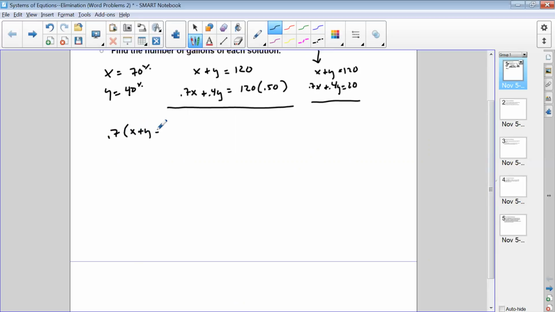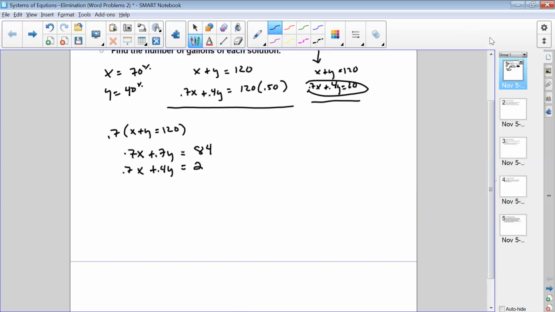Everything in the top equation is multiplied by 7/10, and that will give me 7/10 X plus 7/10 Y, and 7/10 times 120 should be 84. Then I'm going to rewrite my second equation down here: 7/10 X plus 4/10 Y equals 60.